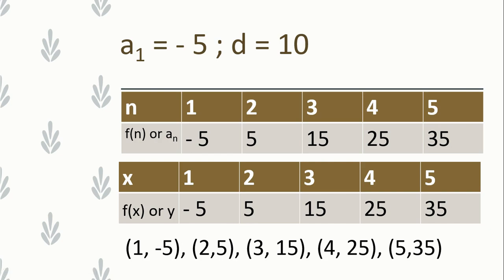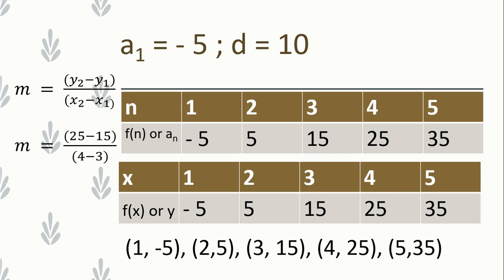If we solve for the slope of this set of points, you will notice that the slope is the same as the value of the common difference. As we solve the slope, we are going to pick a pair of points in order to determine that slope. Let those points be 4, 25 and 3, 15.